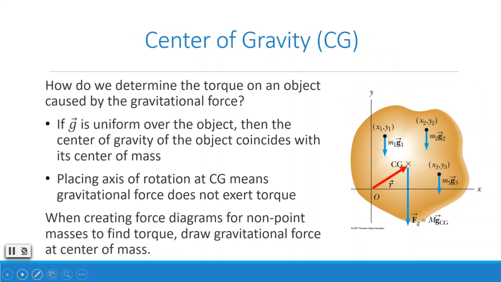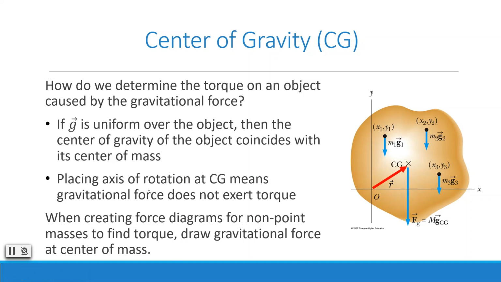Then we can relate this to the center of gravity. It's a little different than the center of mass. The center of gravity is based on where the net torque would be 0 on the object. But they are generally going to be in the exact same location.